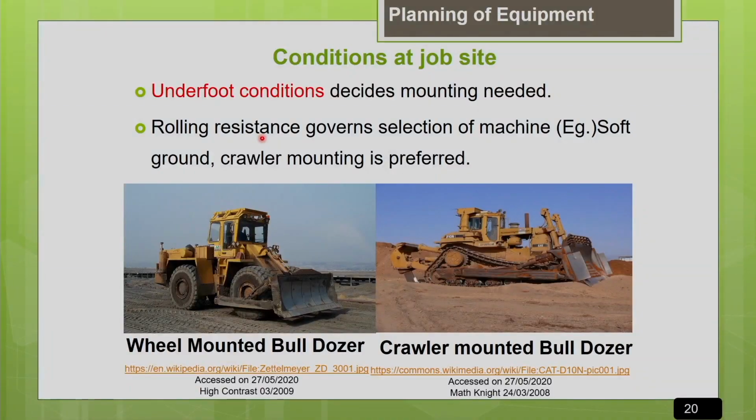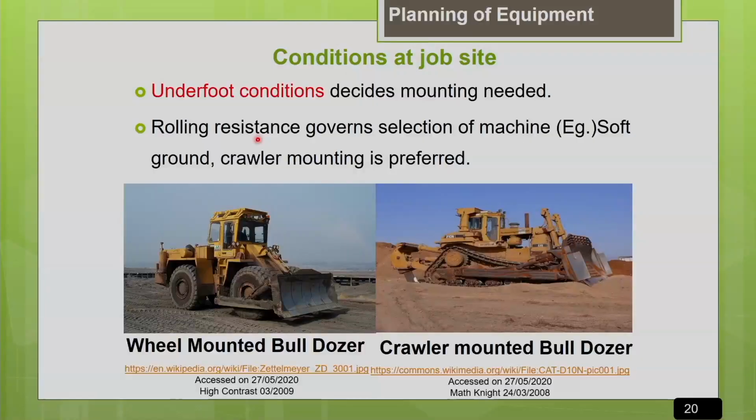In that case, you have to go for machines with greater horsepower capacity because we need more power to overcome the underfoot conditions. After overcoming the rolling resistance, the remaining power is only available for the machine to do the actual job of either excavation or towing the load. So first we have to overcome the underfoot conditions, and only the remaining power is available for the productive job.